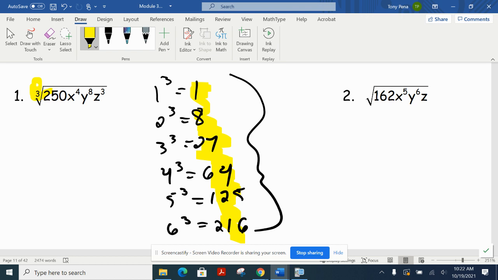And we need to set up. So there's no index number. It's a square root. It's a cube root. You're gonna go 3.